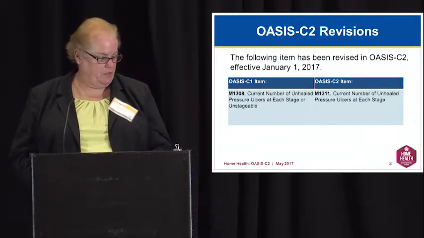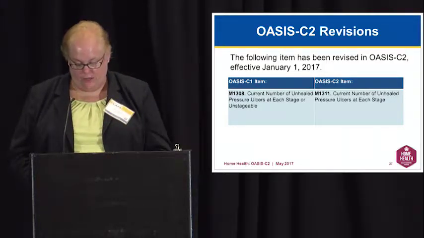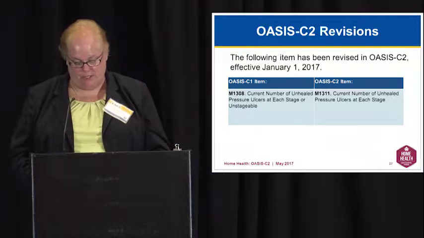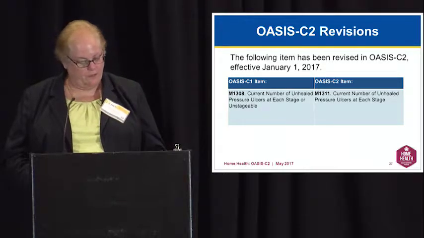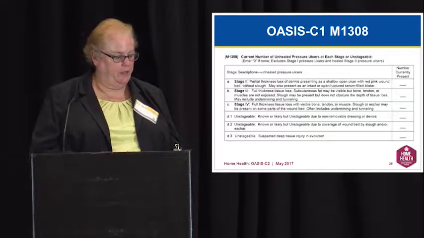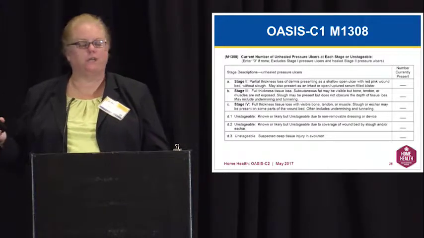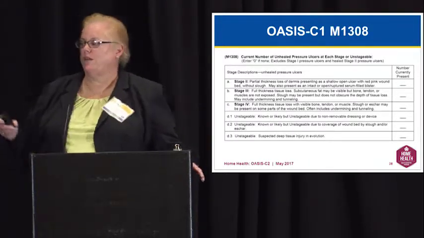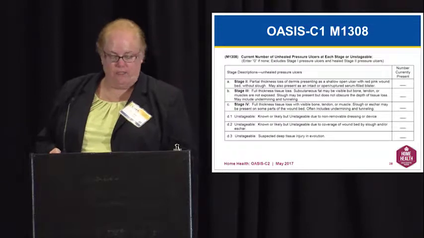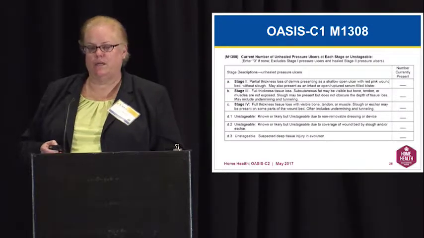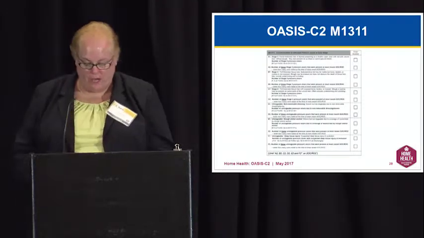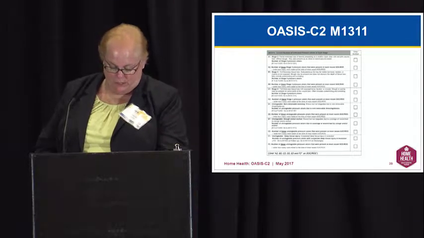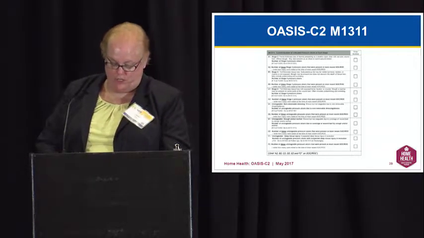We're missing the word unstageable, and it's saying the current number of unhealed pressure ulcers at each stage. Now, I know this is small, you don't need to read it. What I wanted to show you is what the item looks like in the OASIS C1, and here's what the item looks like in the OASIS C2. And you'll note the number changing and the formatting.